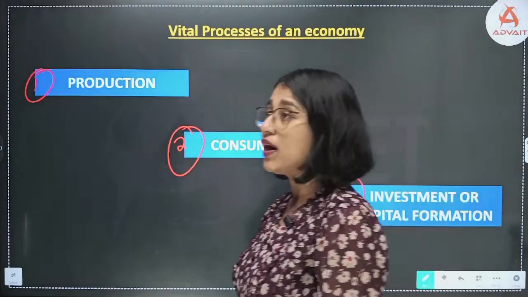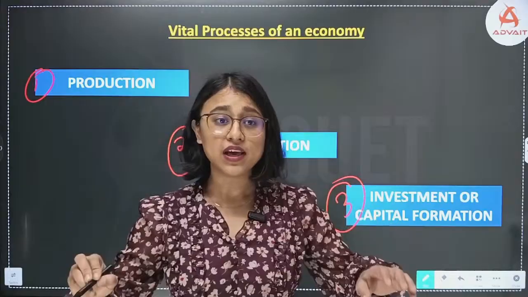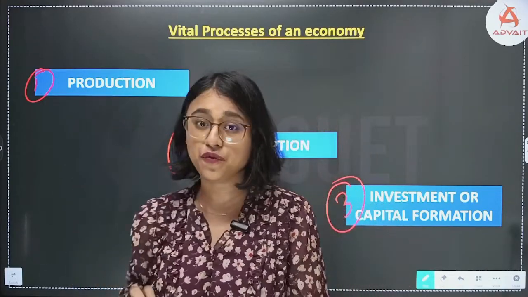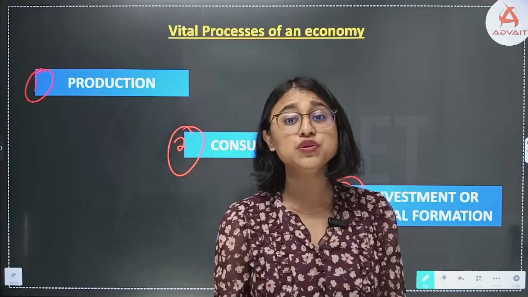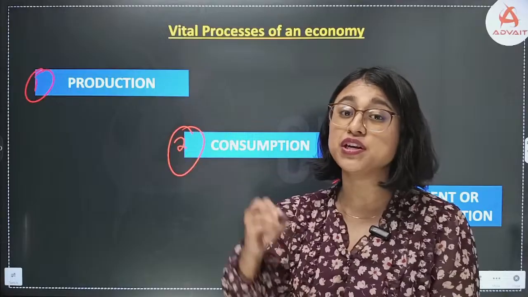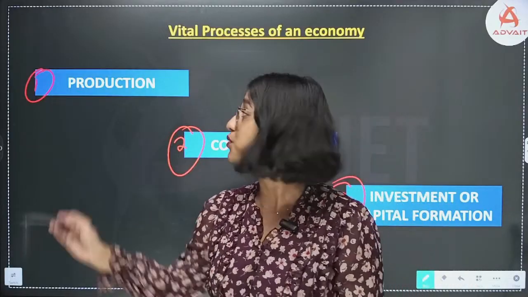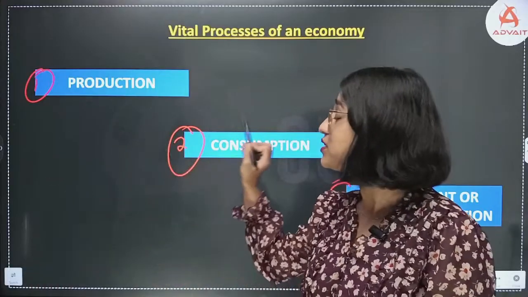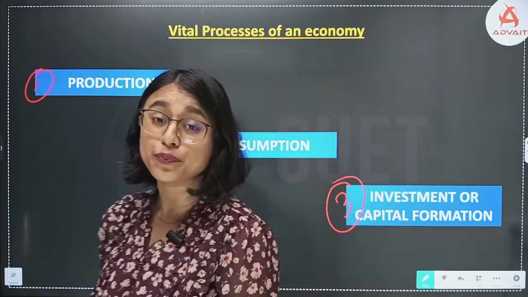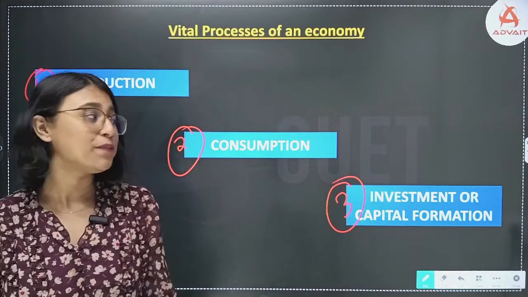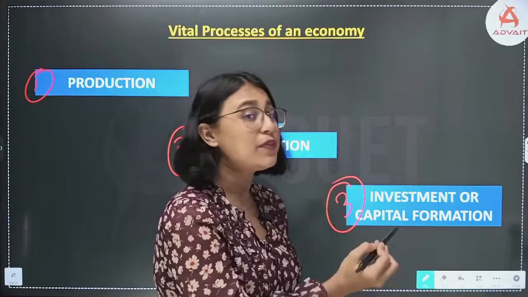Number one is production, where goods are produced for consumption by the consumers. The second process is consumption, where people consume the goods that are being produced. And number three is investment and capital formation.